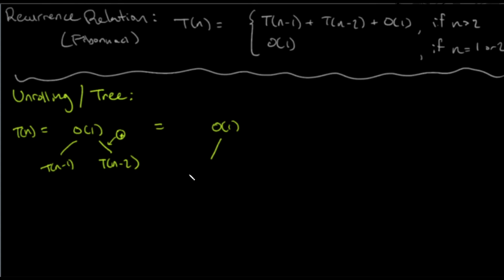And so much like this step, we're going to just copy this and say that that is equivalent to O of 1 here, plus a T of n minus 2, plus a T of n minus 3. And we do the same thing over here. If we plug in n minus 2 here, we're going to get an O of 1 from here, a T of n minus 3 here, and then a T of n minus 4 here.